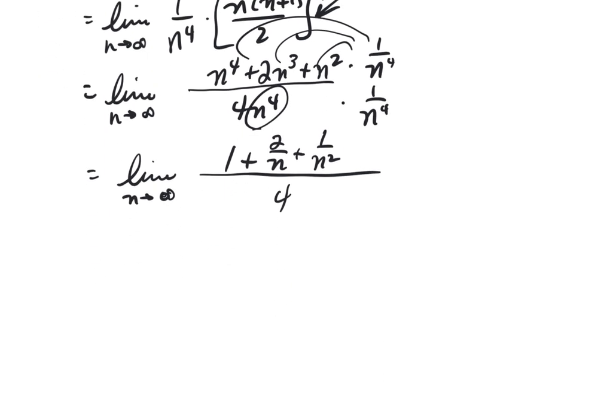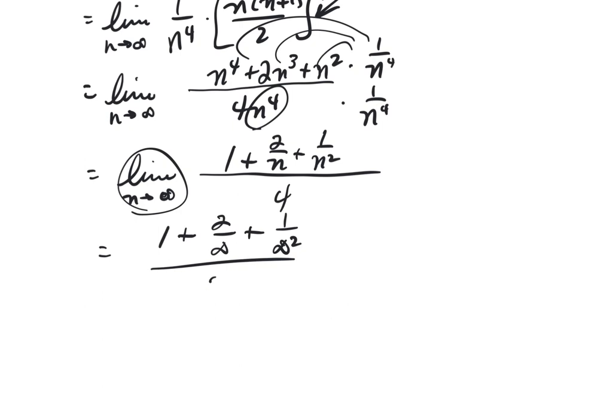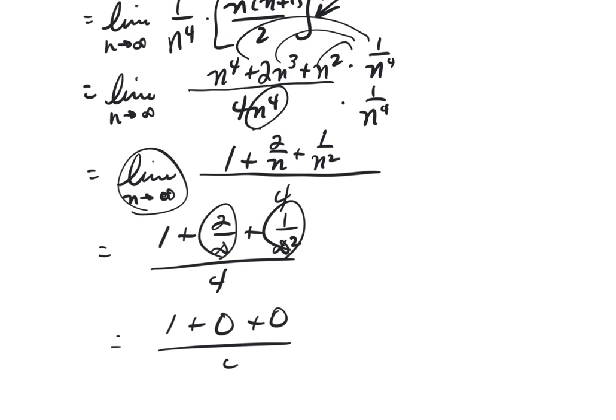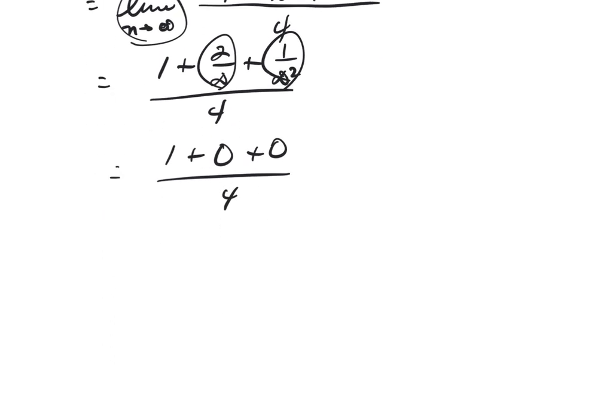Now that we've simplified, we can do the limit by replacing n with infinity. So we'll have 1 plus 2 over infinity plus 1 over infinity squared, divided by 4. Once again, fractions where the top stays the same and the bottom gets infinitely large become 0. So 1 plus 0 over 4, which obviously is 1/4.